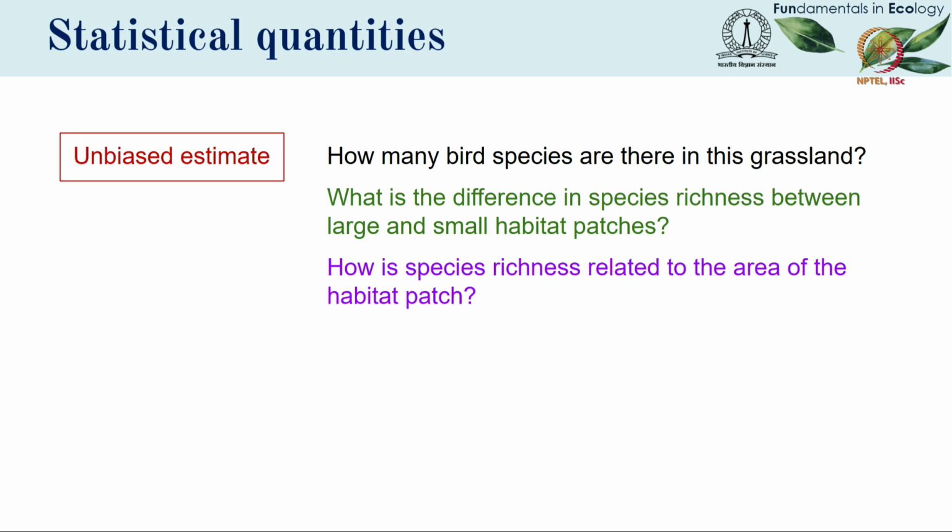In some cases, the median or the mode may be a better unbiased estimate. This is for the first question about how many bird species there are. Similarly, we might calculate the mean difference or calculate the correlation or some other estimate of the relationship.